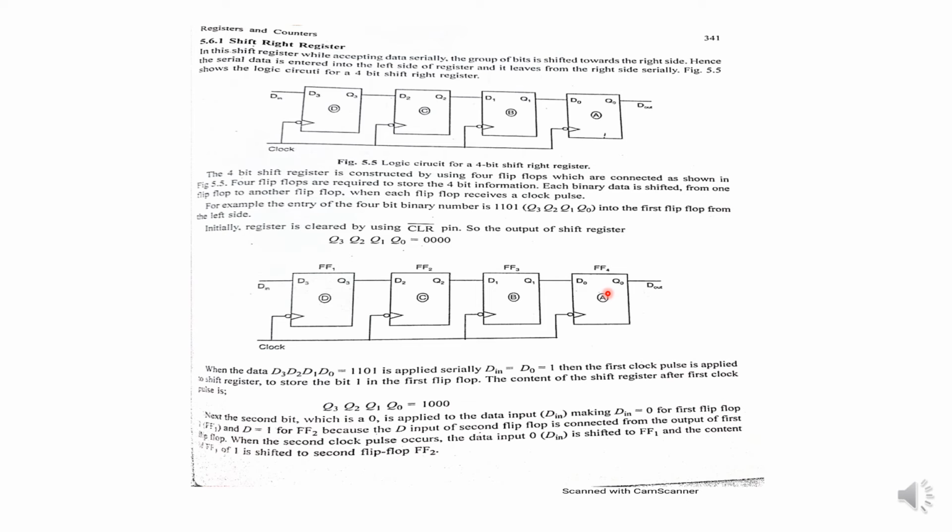In the next state, we enter this 0 here. This 1 moves to the next flip flop, and this 0 goes to D3, and the rest are 0 and 0. So the data will be 0 1 0 0. This will be written in the next slide. I will show you, but just try to understand what I am saying.